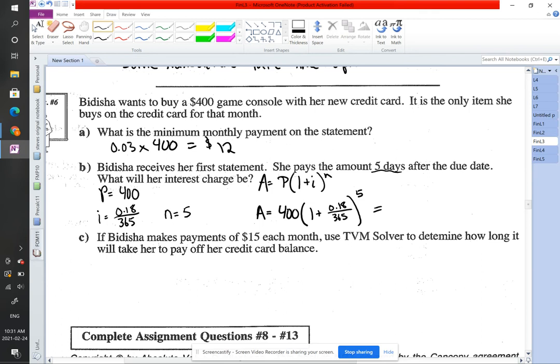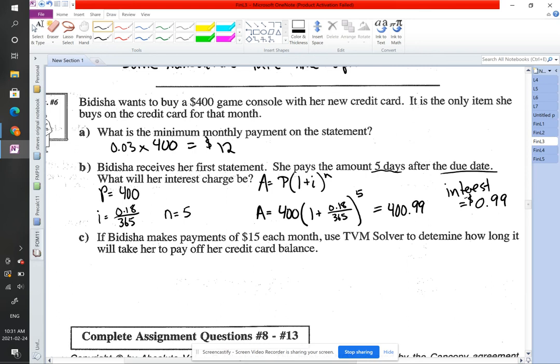Remember, if you pay by the due date, there's no interest. And when we calculate all of this, we get $400.99. So we know that she initially paid $400, and now she owes $400.99. So we know that her interest is 99 cents.